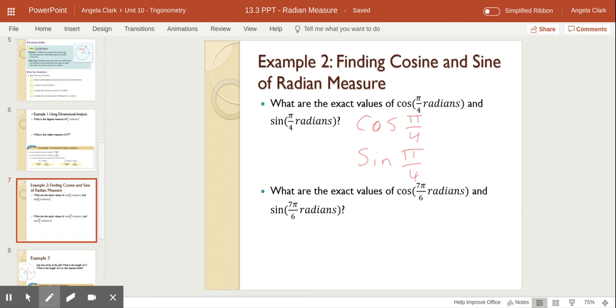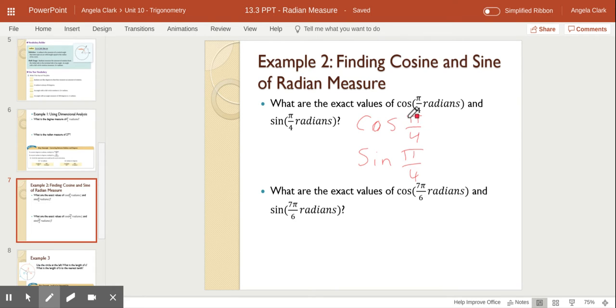So first of all, just to kind of load it in your head, what angle in degrees would this be? Well, hopefully from my other videos that you've watched, you would know that this is a 45-degree angle. A 45-degree reference angle corresponds with having a 4 in the denominator in radians. And there's no number in the numerator, it's just pi.